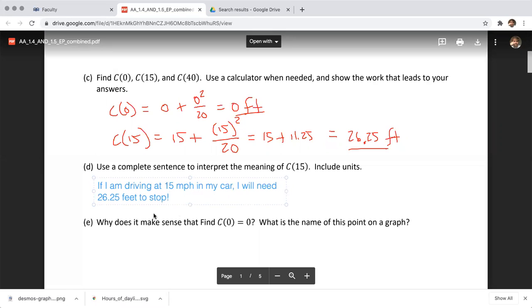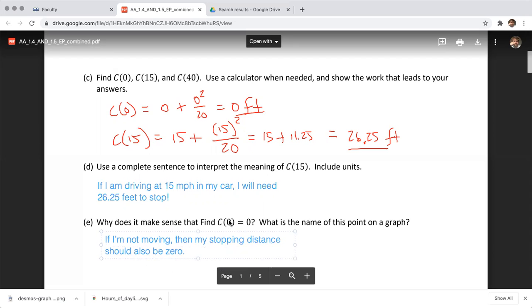Great. Why does it make sense that c of 0 equals 0? Well, it makes sense that c of 0 equals 0 because if I'm not moving, then my stopping distance should also be 0, right?